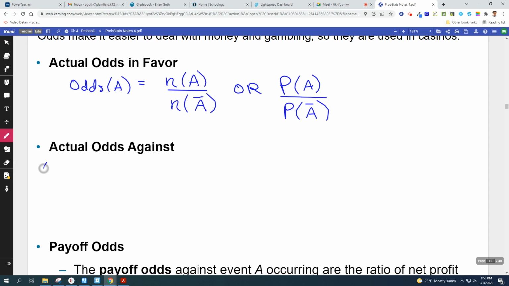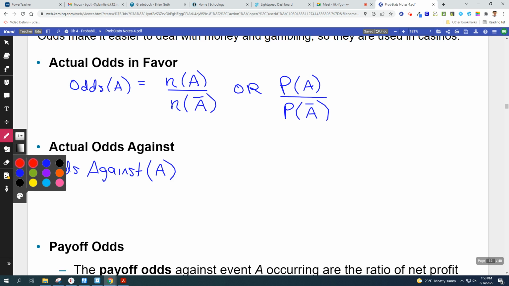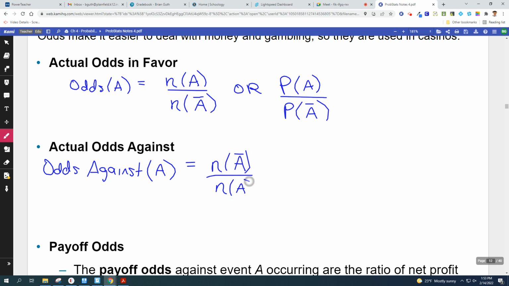Now let's talk about the actual odds against. If you're calculating the odds against, it's going to be the number in the complement over the number in the actual event. It's basically upside down from before.